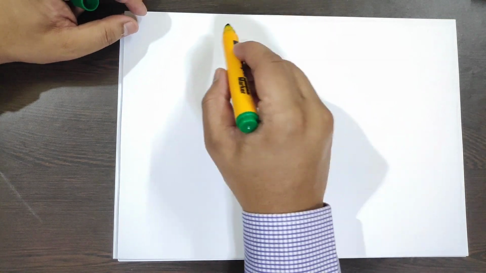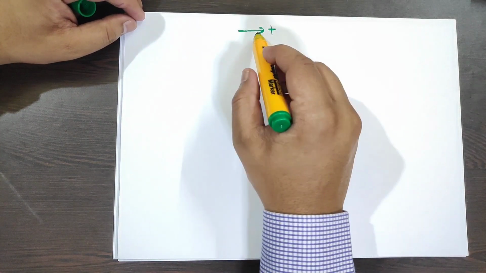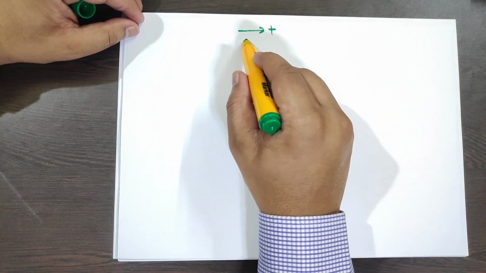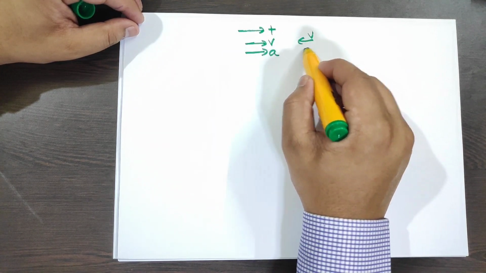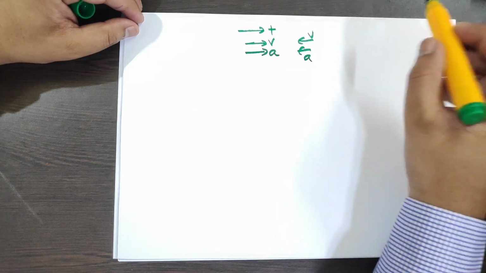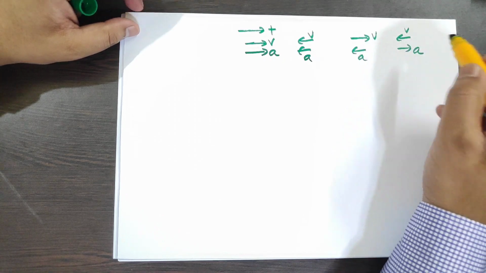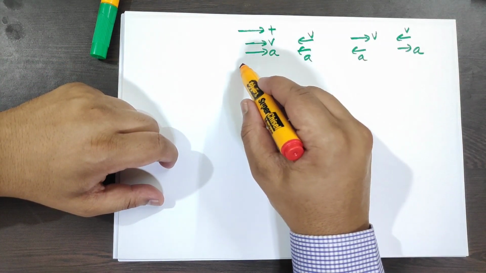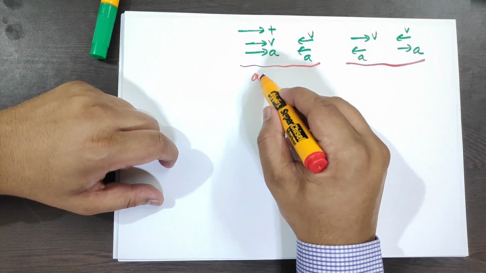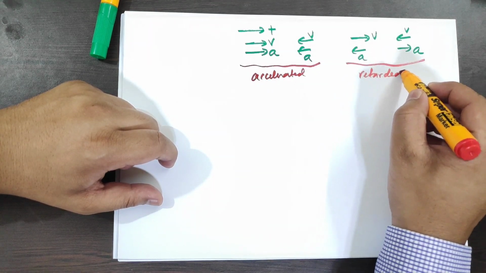If they have same signs, that means, see, if you choose this sign positive this way, so towards the right, so if V and A are here or V and A are here, both are accelerated motion. And if V and A are here or V and A are like this, so that is retarded motion. So this is accelerated and this is for retarded motion.